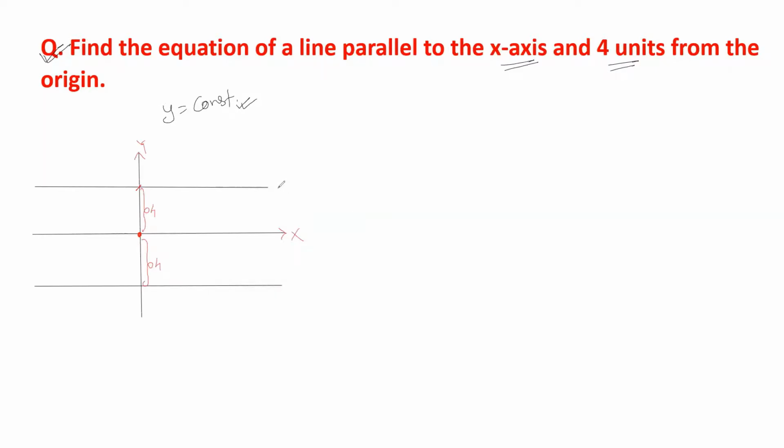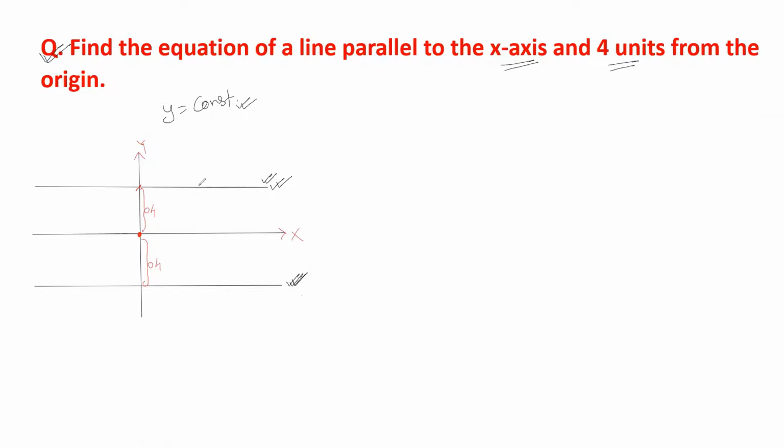If we draw these two lines, we'll be getting this line and this line, which are at a distance of 4 units from the origin. That is, this line would be 4 units above the x-axis and this line would be at a distance of 4 units below the x-axis.